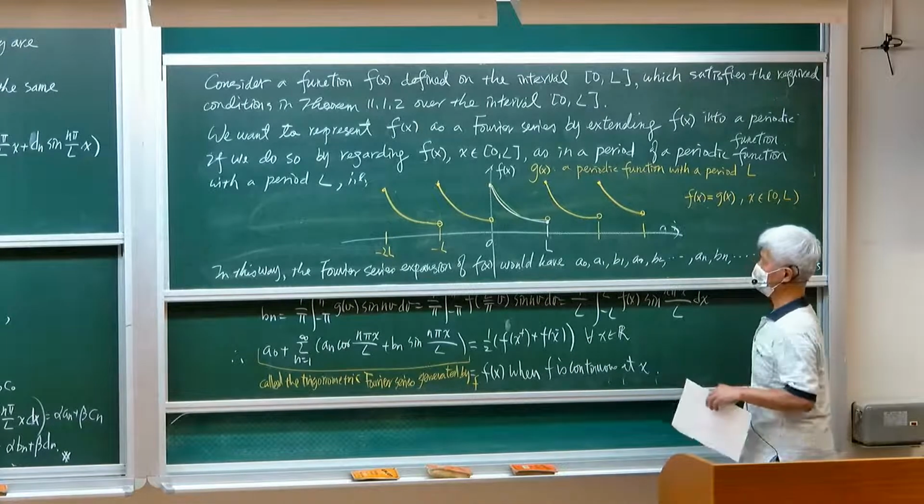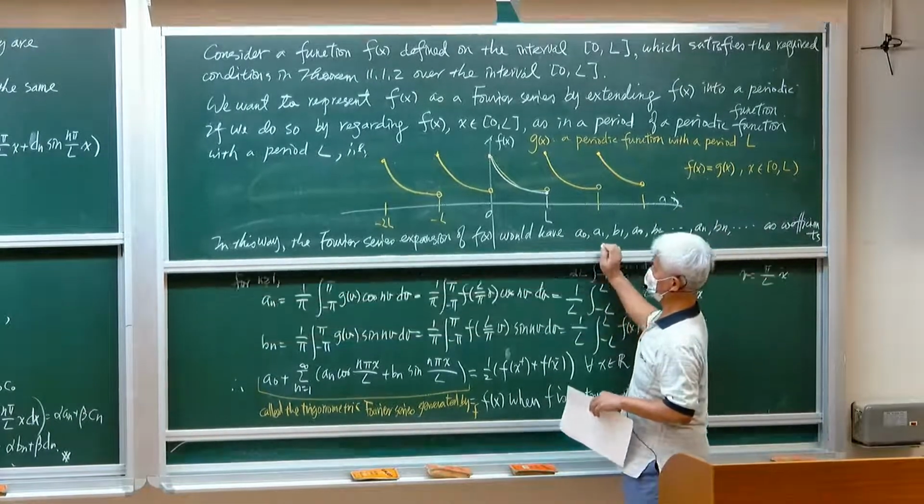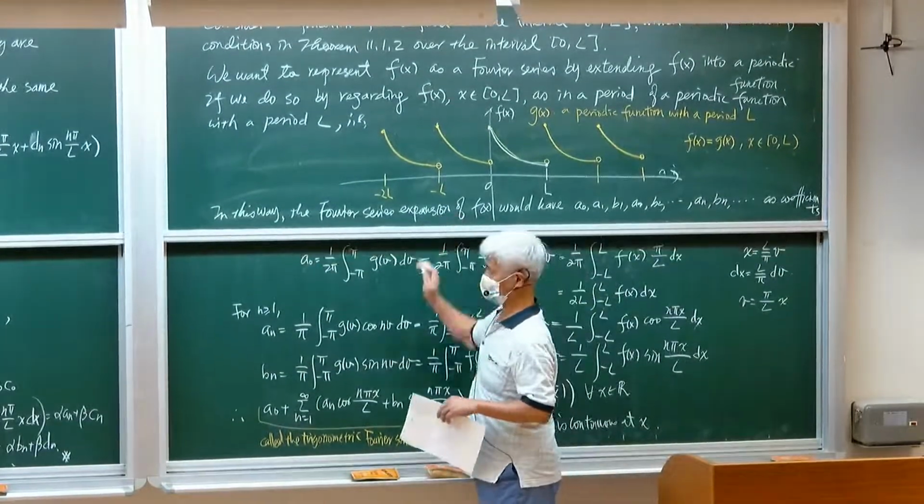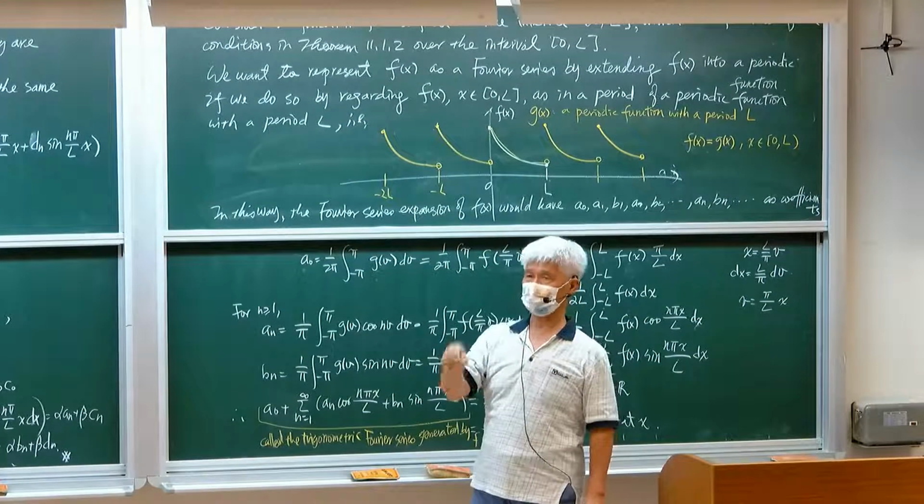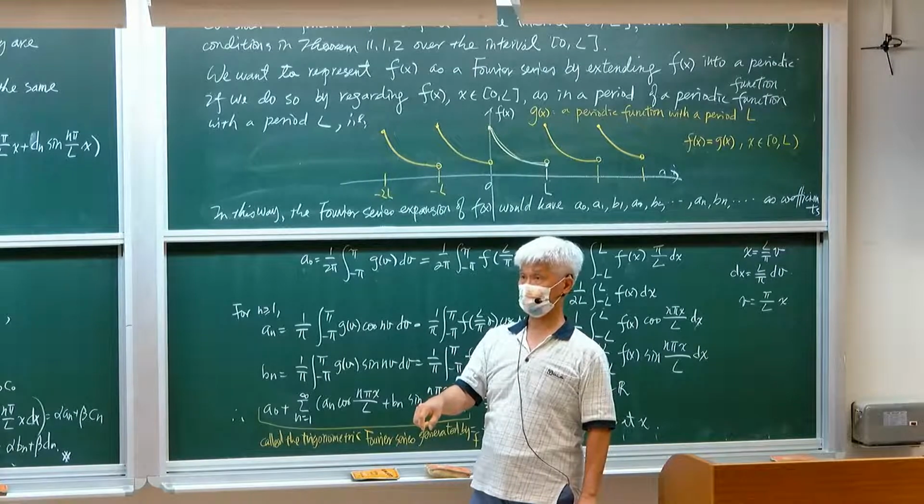So that means that the Fourier series expansion will contain cosine terms and sine terms together in general.